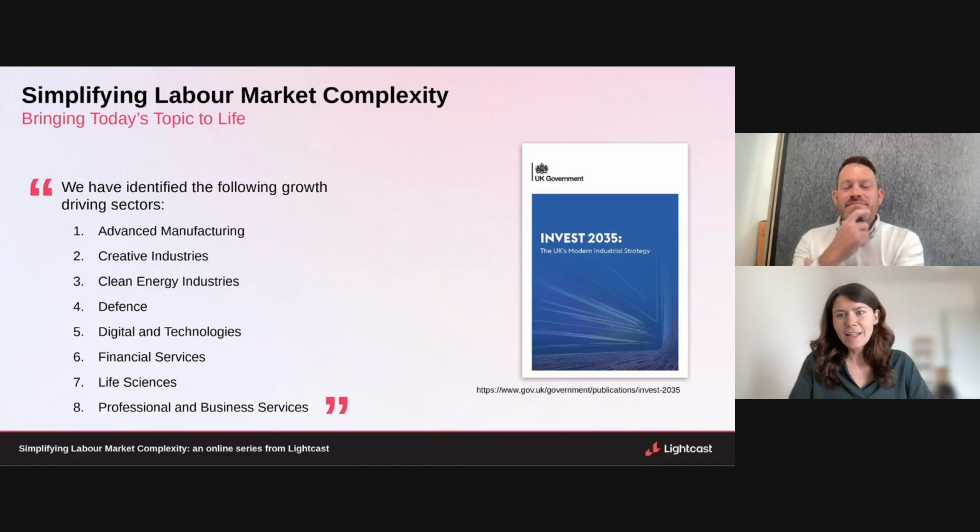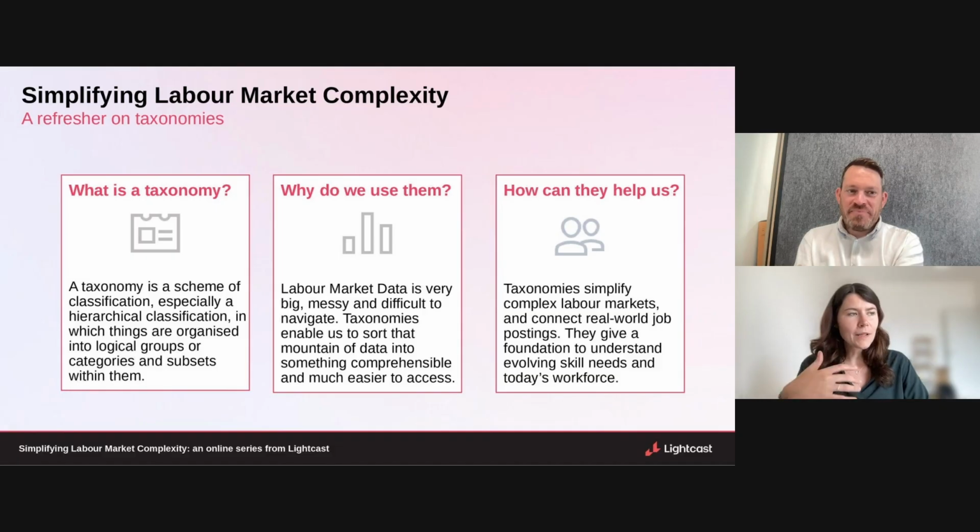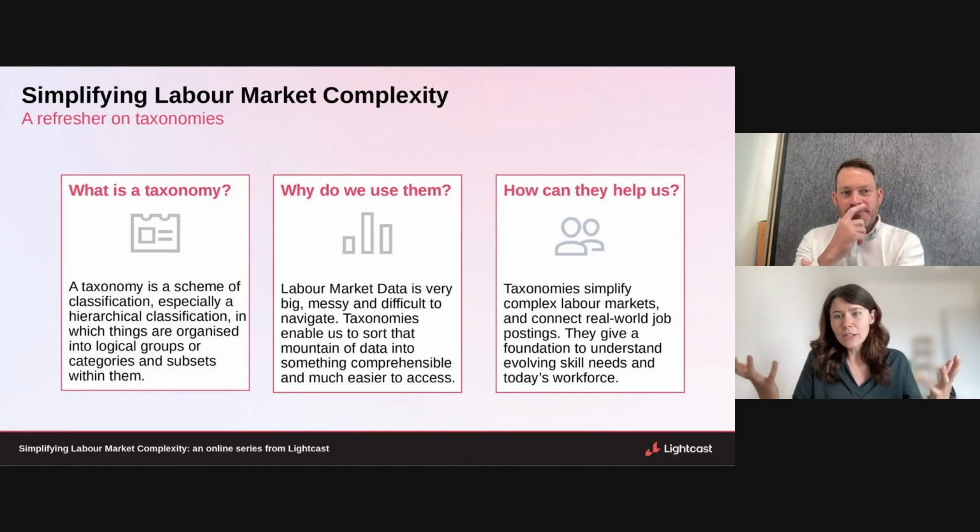So that's where the taxonomies come in, and the topic of today is all about how we can simplify these topics and talk about the labor market in more simple terms. I mentioned SIC and SOC. If you're familiar with these classifications, they are actually taxonomies.